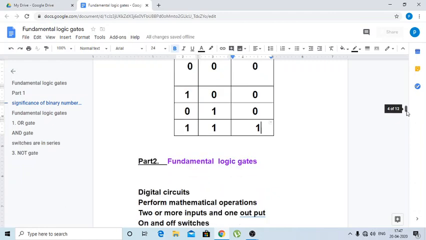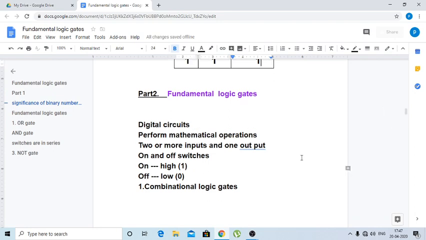Now, coming to the second part, fundamental logic gates. As I said, logic gates are the basic circuits which we can have in all digital electronic devices.